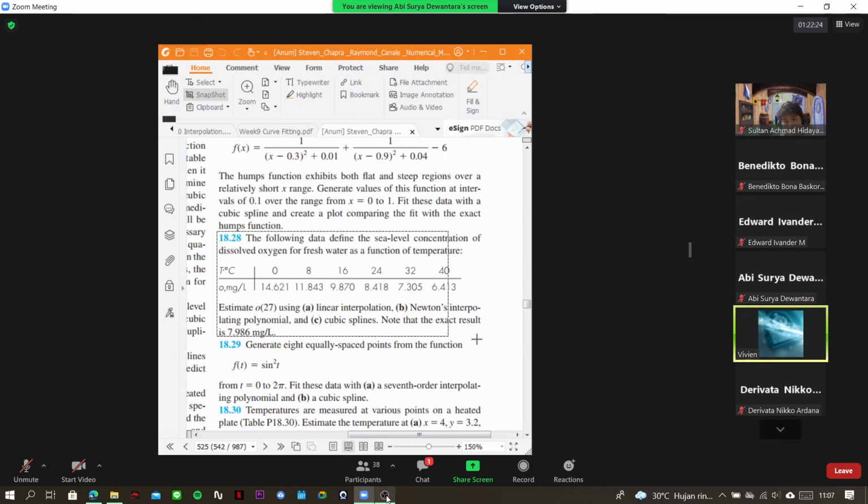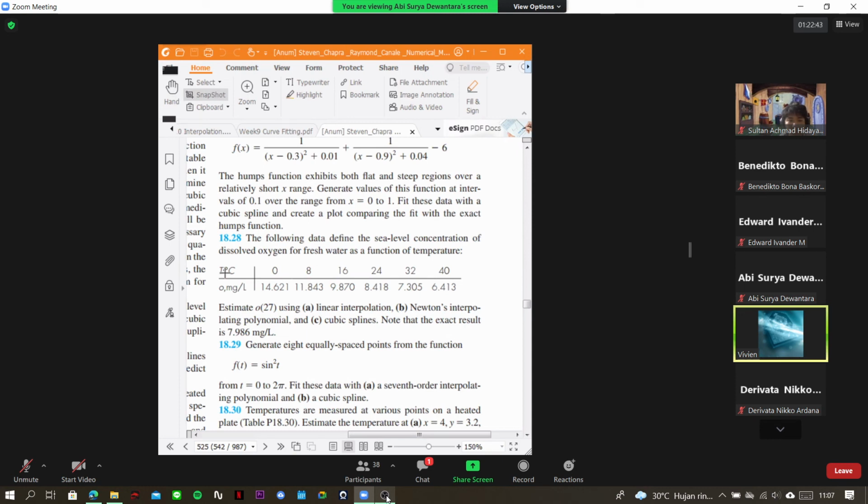Okay. We change the question. So the first one is using Newton interpolation, and the second is using Lagrange interpolation. So A is finding using Newton's divided difference, and the second is using Lagrange.